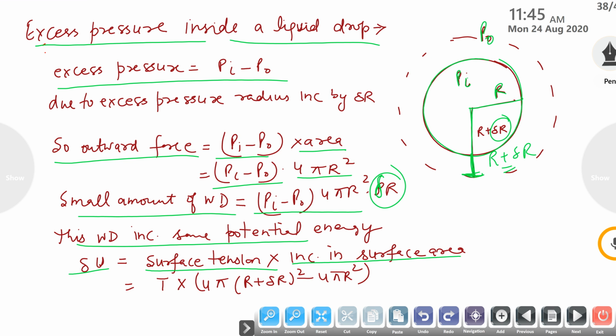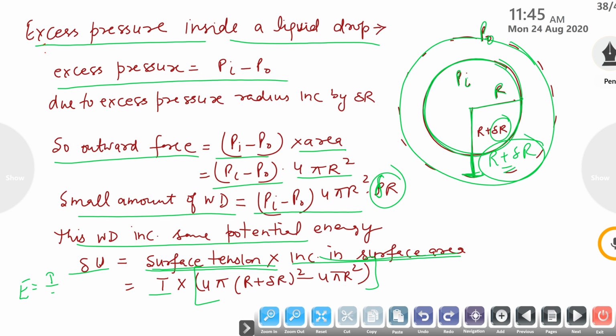As we have calculated, energy is equal to the tension per unit area. So we have to find the change in potential energy for this much radius. So this is the surface tension, that is T, and the increase in surface area. This is nothing but the final area, this one, and the initial area, this one.